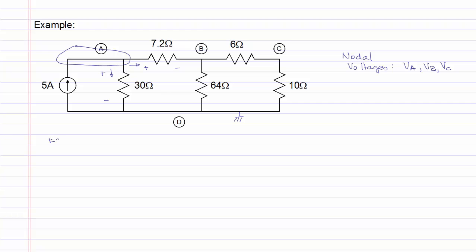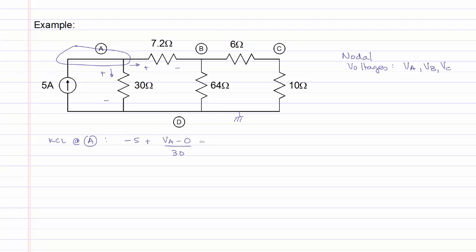Writing KCL at node A, we have the current 5 amperes entering node A, and the convention we will follow is that currents entering a node are given a negative sign, so we will write down minus 5 amperes. The current leaving through the 30 ohm resistor will be given a positive sign, and will be VA minus 0 volts, which is the voltage at the reference node D, divided by 30 ohms.